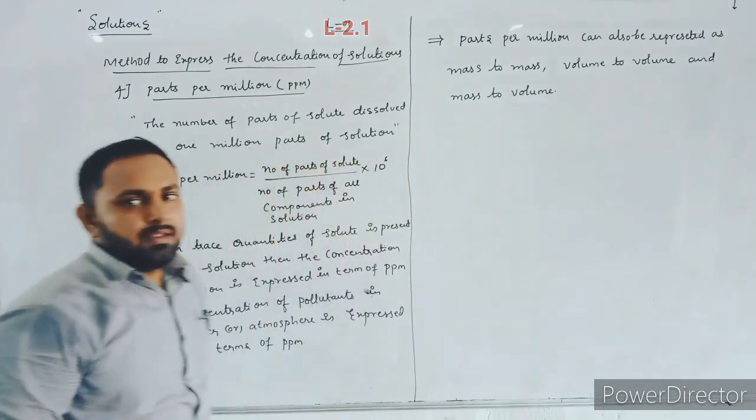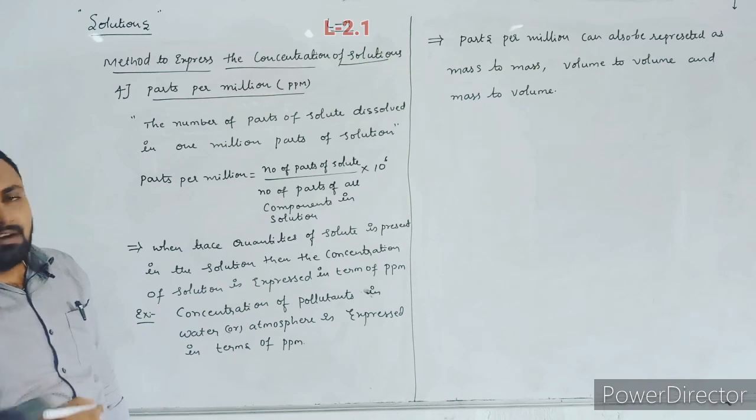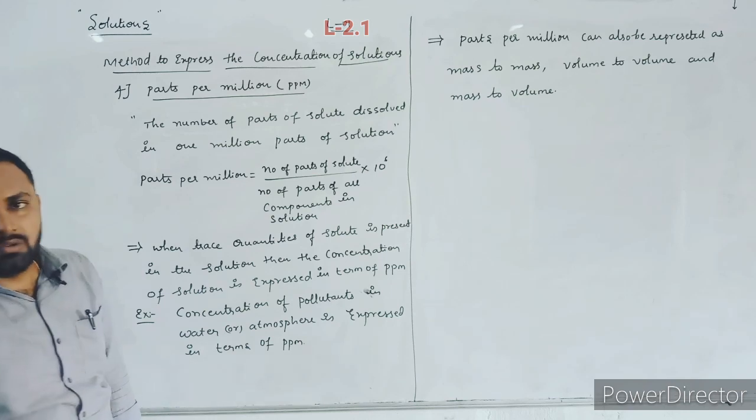Now let us write a formula to calculate parts per million by mass, by volume, and by mass to volume.